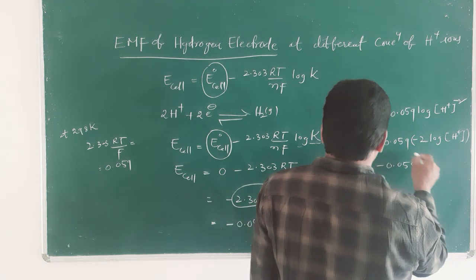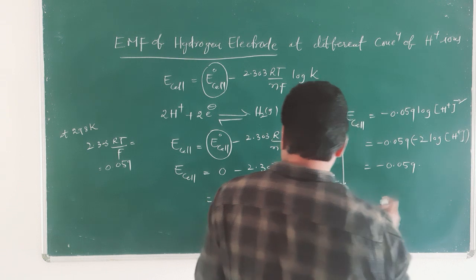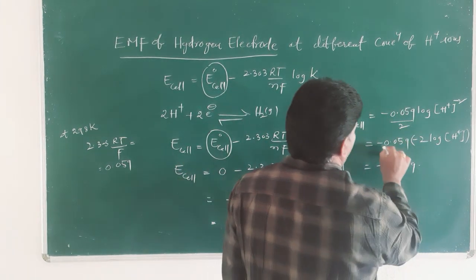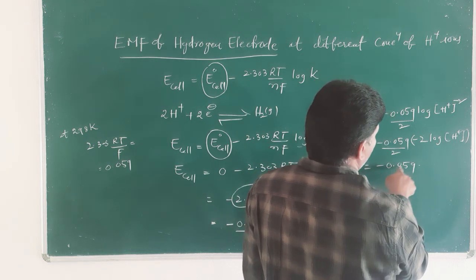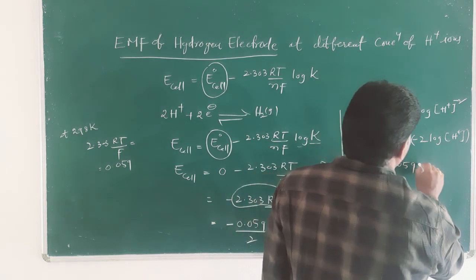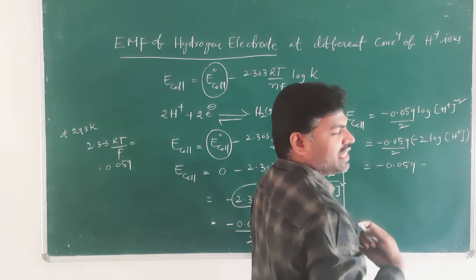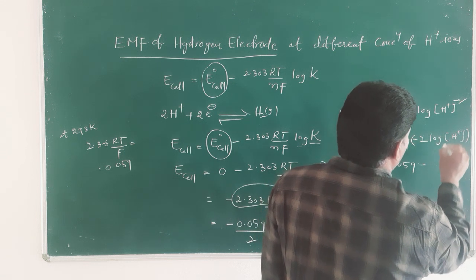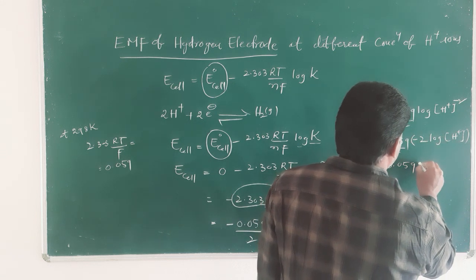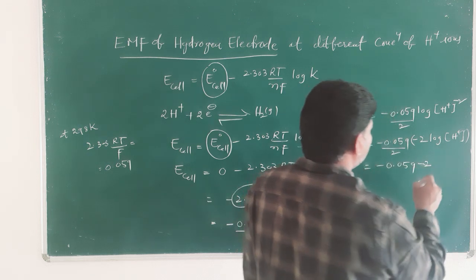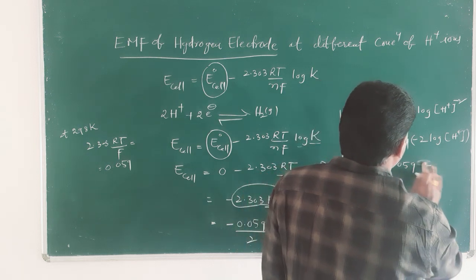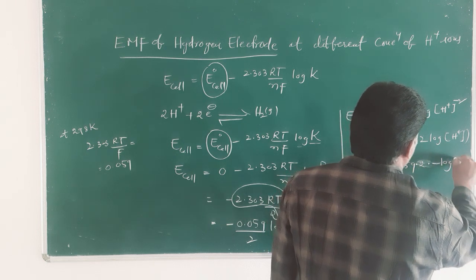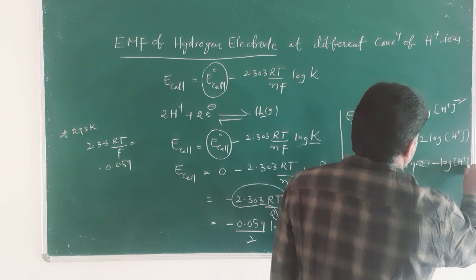For the sake of convenience I write this minus 2 log concentration of H plus ions as 2 into minus log of concentration of H plus ions.